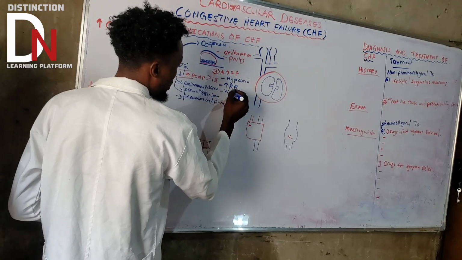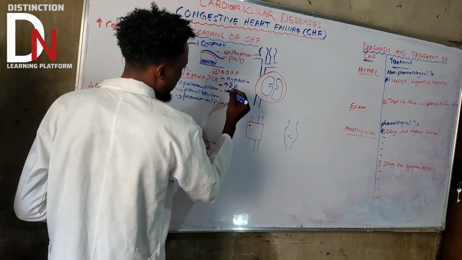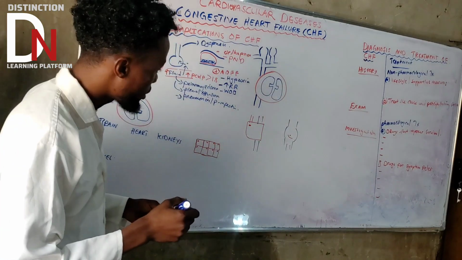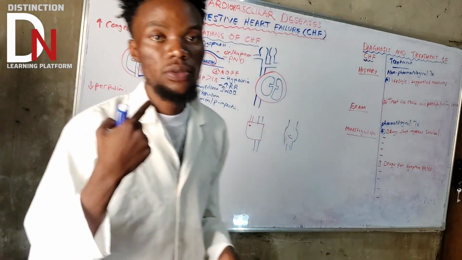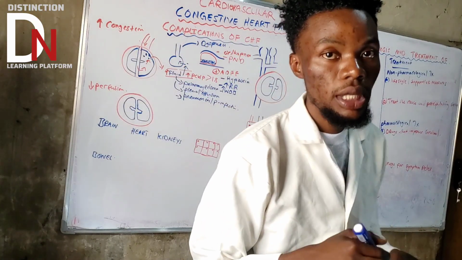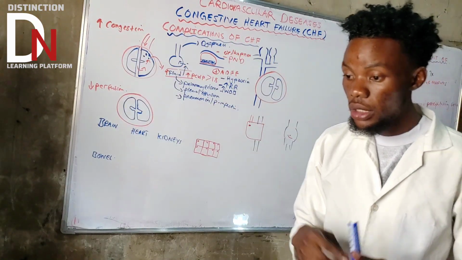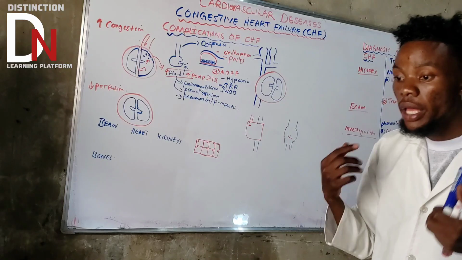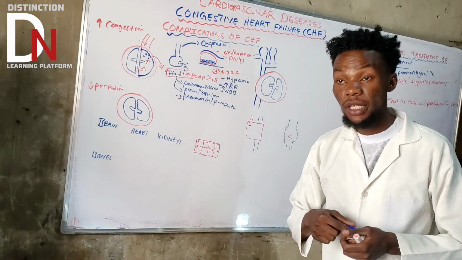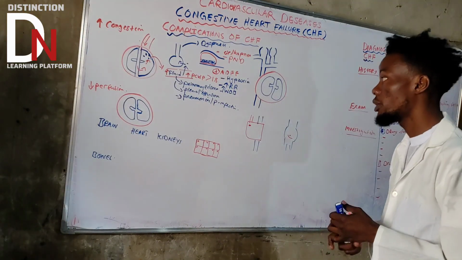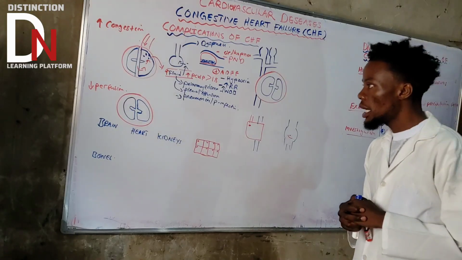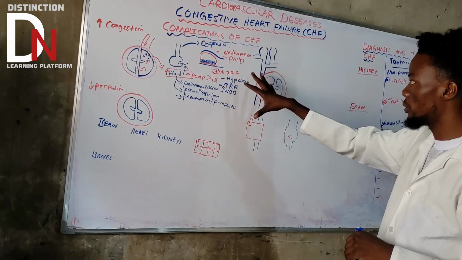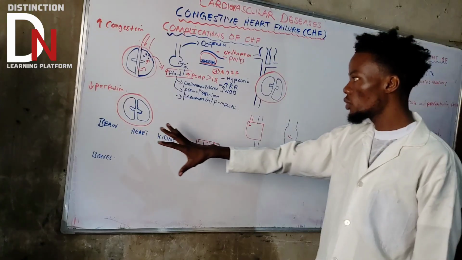Also, they are going to have an increase in the work of breathing, so they start using the accessory muscles to help them breathe. They show that this is now a severe type of heart failure, which is the ADHF. So that's about congestion.